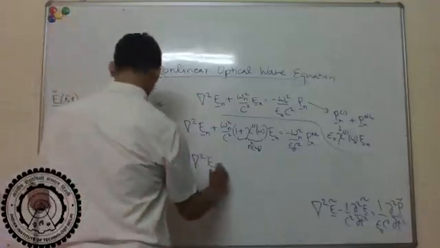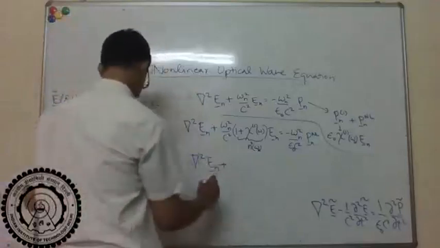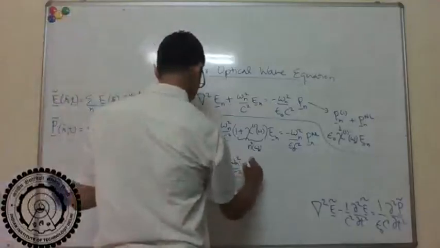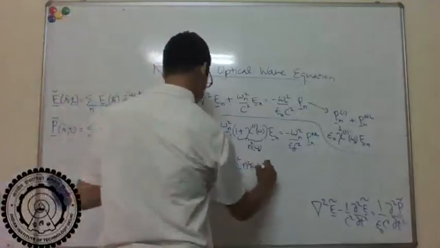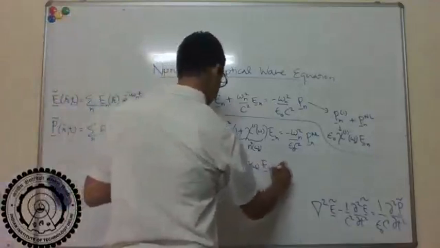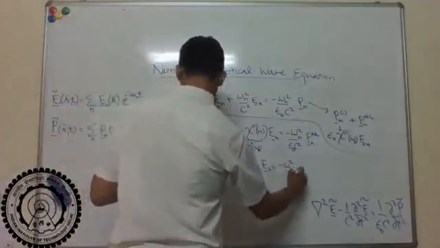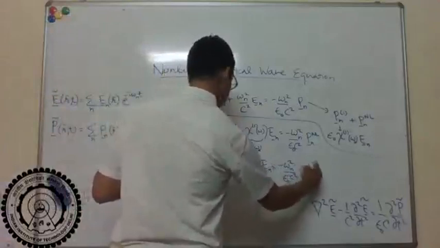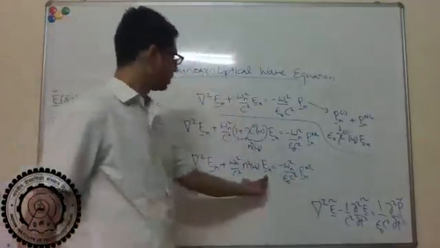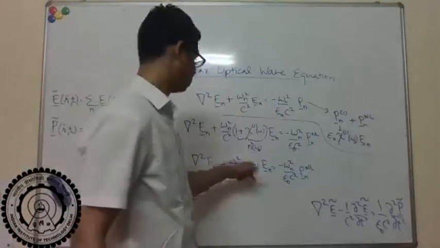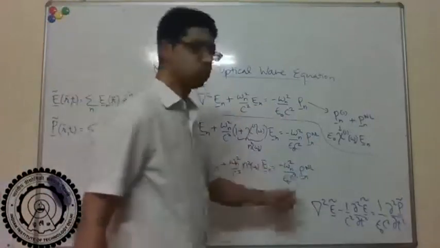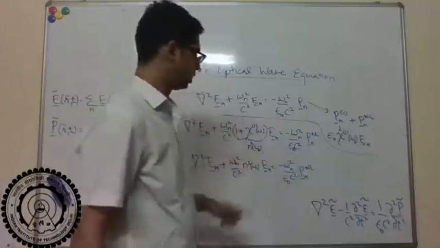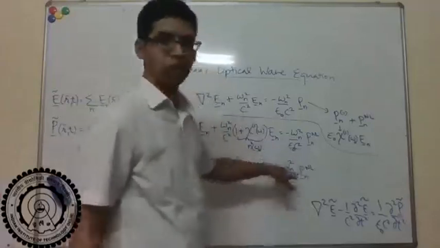So basically we end up with this equation, which you might have seen before, called the Helmholtz equation: del square plus k square n of E. For free space, or for linear materials, we typically put the right hand side as 0.